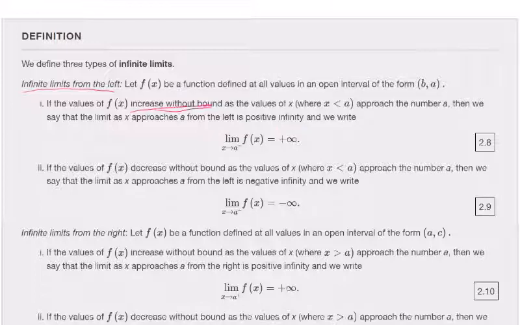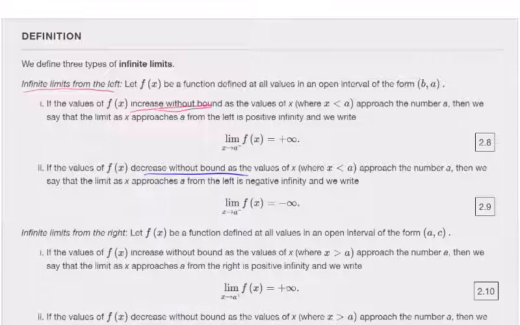Now, if we have limits that instead of going up without bound, go down without bound, if they decrease without bound, then you put negative infinity as your result. So the limit as x approaches a from the left of f of x would be negative infinity.